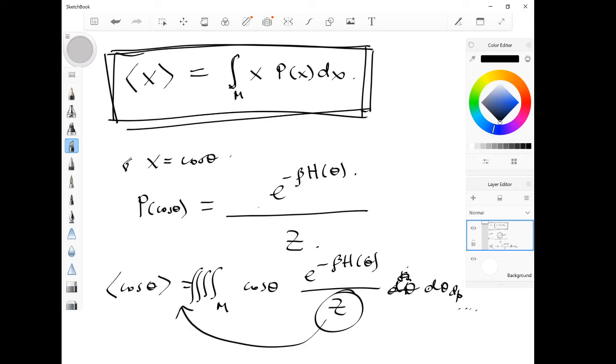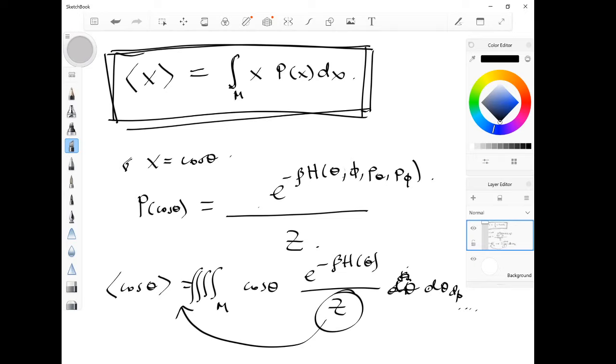And that Z goes out the front. Maybe also I should clear this up here. Does that make sense? Or I'm not sure.